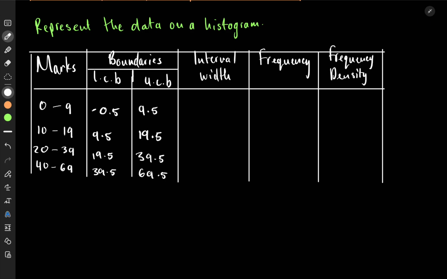The first one is very interesting because we would say 9.5 minus negative 0.5, I'm sorry. So it would be 9.5 minus negative 0.5, you get 10. Then the next one would again be 19.5 minus 9.5, which would be 10 again.